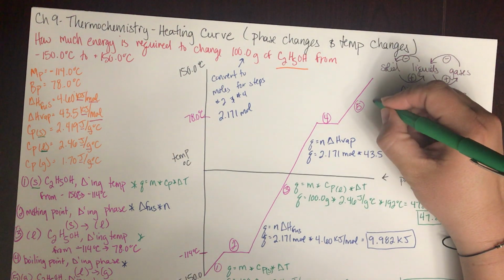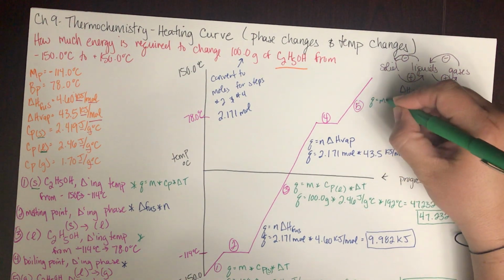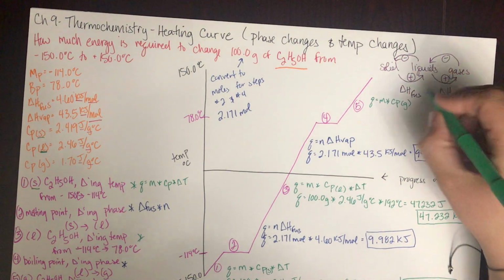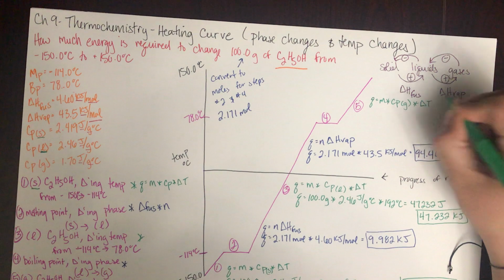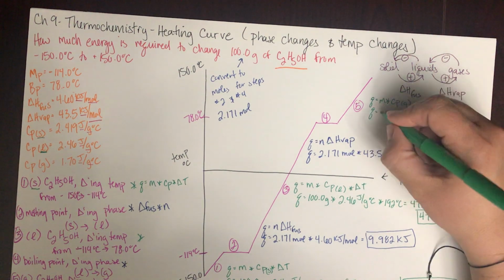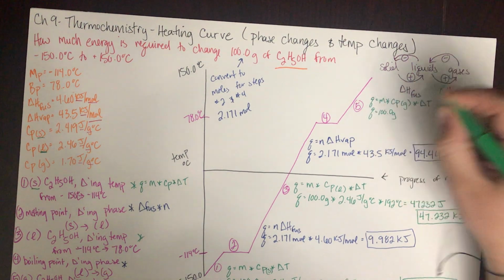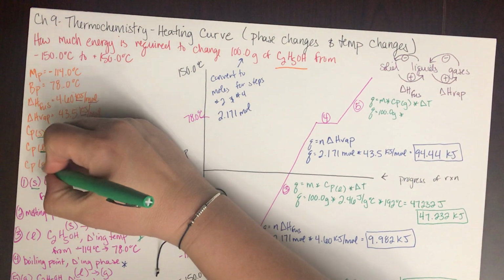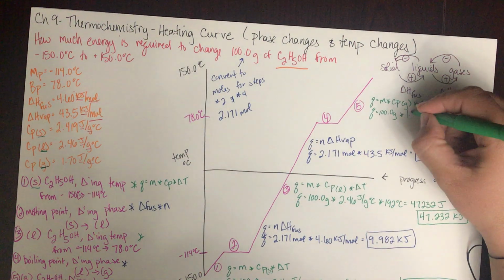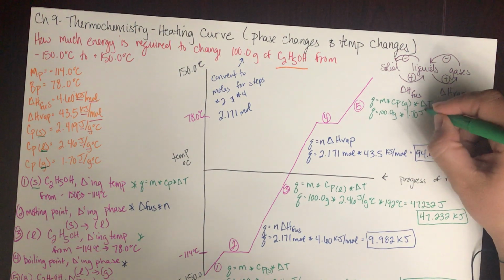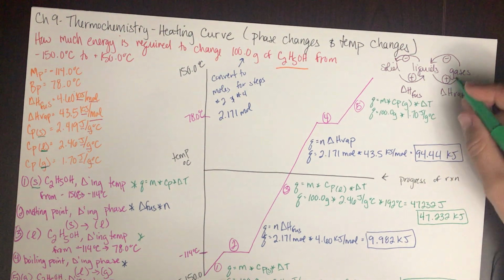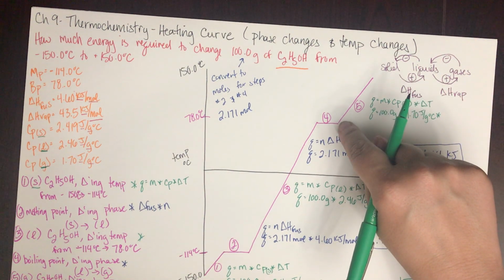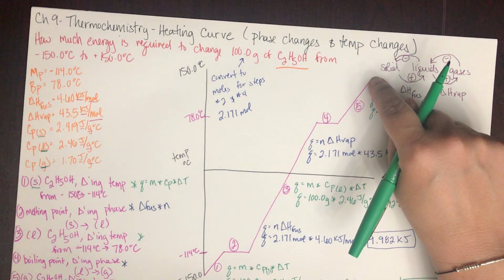So I'm going to say Q equals mass times specific heat of the gas times the change in temperature. So Q equals 100.0 grams times the specific heat of a gas, 1.70 joules per gram degree Celsius, times the change in temperature, which is 78 degrees to 150 degrees.